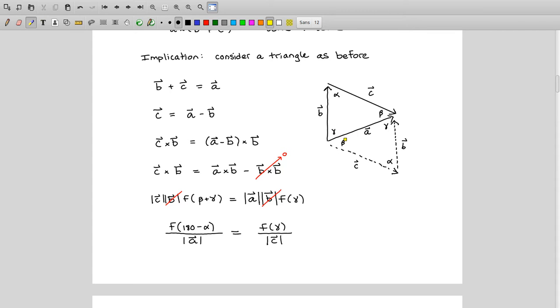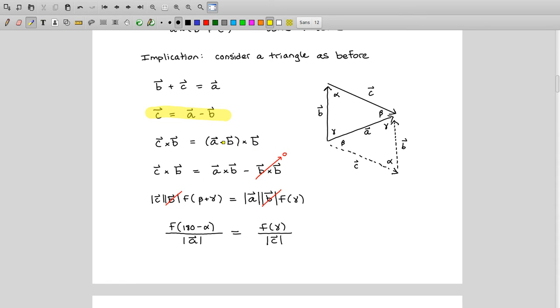So as before, we're going to do things to this equality, this statement right here, that are not immediately obvious why we're doing them, but it turns out that they reveal interesting properties of the cross product. So the first thing we're going to do is take the cross product of both sides with either a or b here. We just randomly choose b: c cross b on the left, and on the right, a minus b cross b.